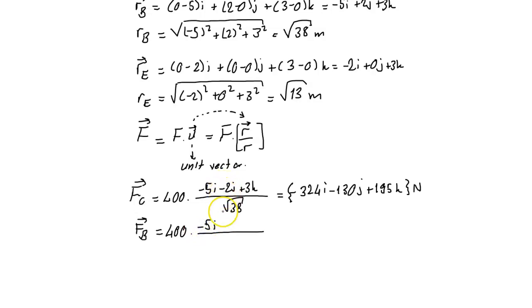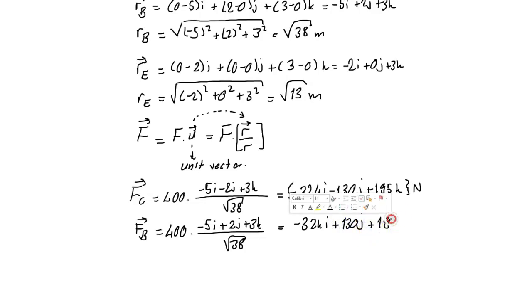This was minus 2j, and point B lies on the positive side of the y-axis, so it's plus 2j, with plus 3k over square root of 38 meters. So that would be equal to minus 324i plus 130j plus 195k Newton.